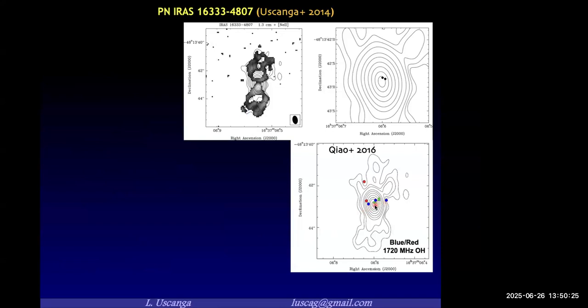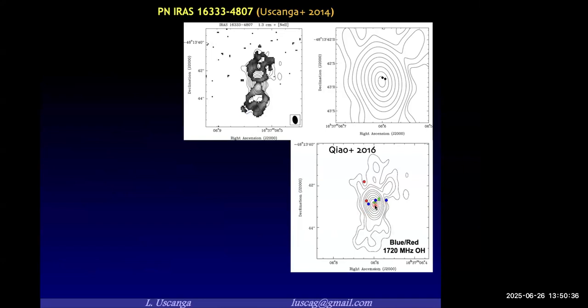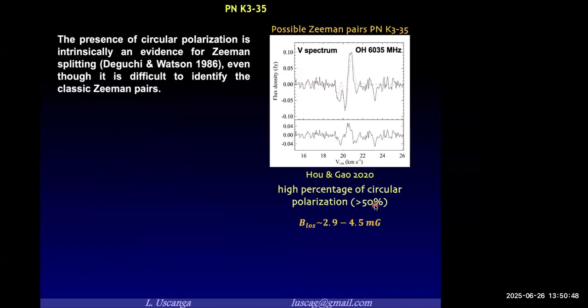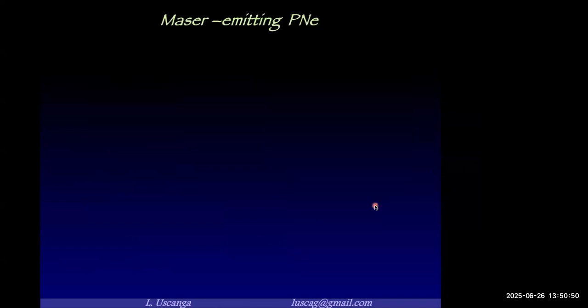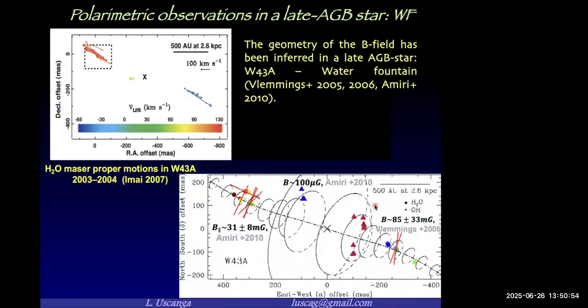And how variable is the OH maser in planetary nebulae? For example, with the field reversal, maybe we see a different maser. If you go back to the slide with the spiral model of the magnetic field, I think the red, that's the OH, right?